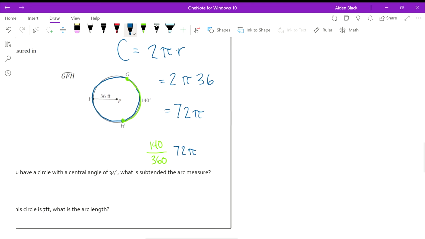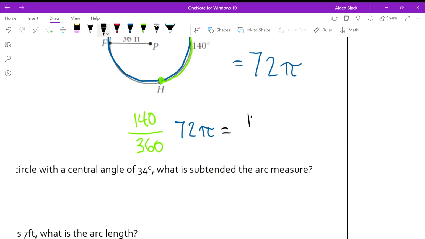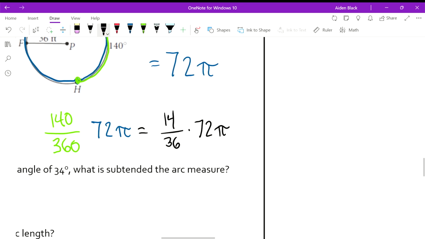Now typically, you can do this in your head. You can say, oh, well, 140 over 360 reduces to 14/36, and this is still being multiplied by 72 pi. And you can reduce that more, can't you? We can divide the top and bottom by 2 at least. We get 7/18 times 72 pi.